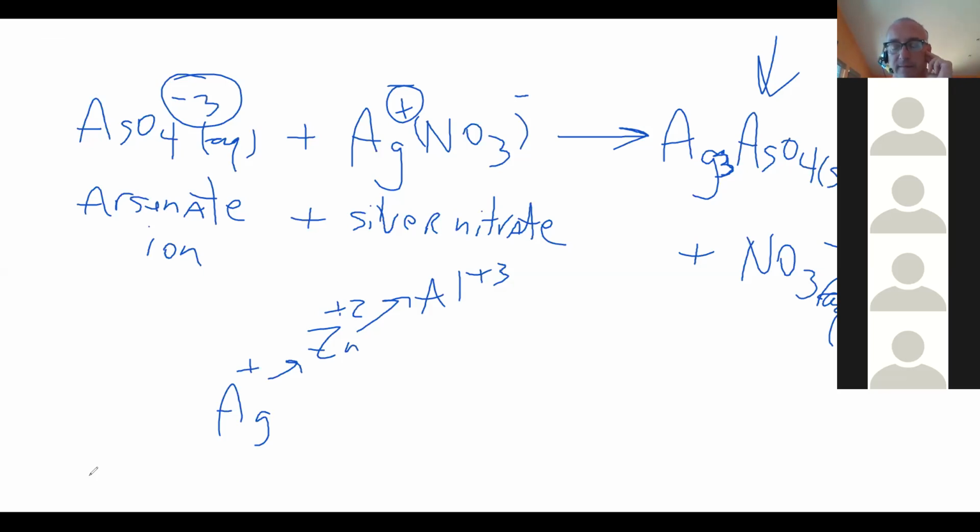Wouldn't you need to balance the silver on the reactant? Yes, you do. How are we going to do that? She's right. The silver isn't balanced. We have 3 moles of it as a product, but we only have 1 as a reactant. So how are we going to balance that?